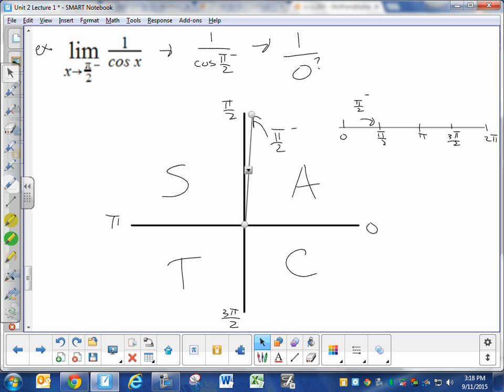They're approaching 0. However, they are all positive values, right? So this will be approaching 0, but from the positive direction. Why? Because cosine is positive in the first quadrant, where pi over 2 from the left is located.